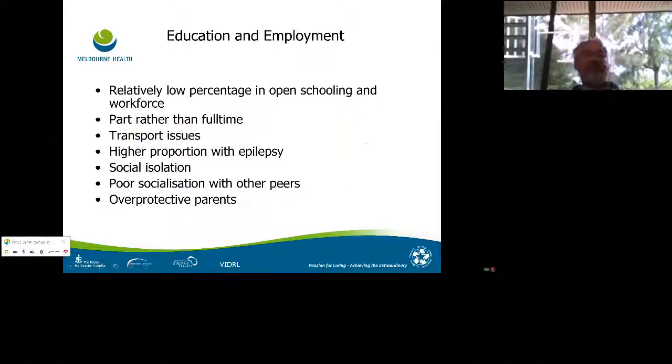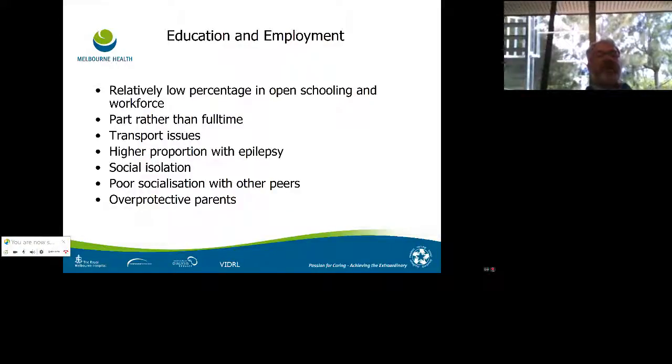A relatively lower number are in open employment and schooling. They tend to be part-time more than full-time, and with associated transport issues. There is a small increase in epilepsy with a higher proportion present, but nothing like the same proportions as in cerebral palsy.